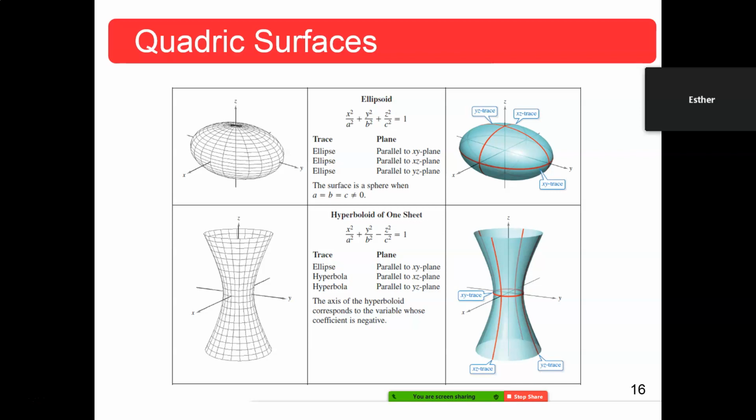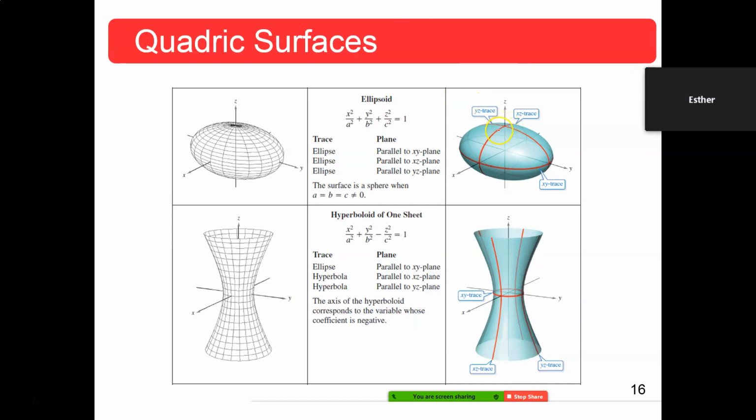Okay. Now, remember, an ellipse is a closed figure that's sort of an elongated circle. Let's take this picture right here. If I can get the pen to show up here. There it is.